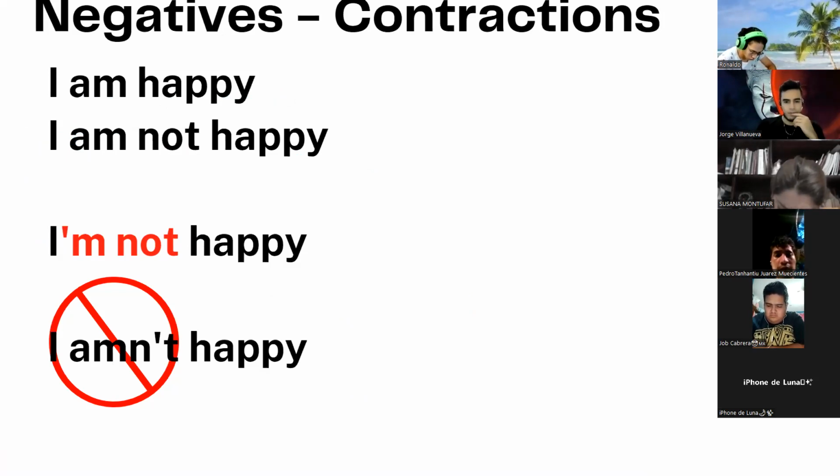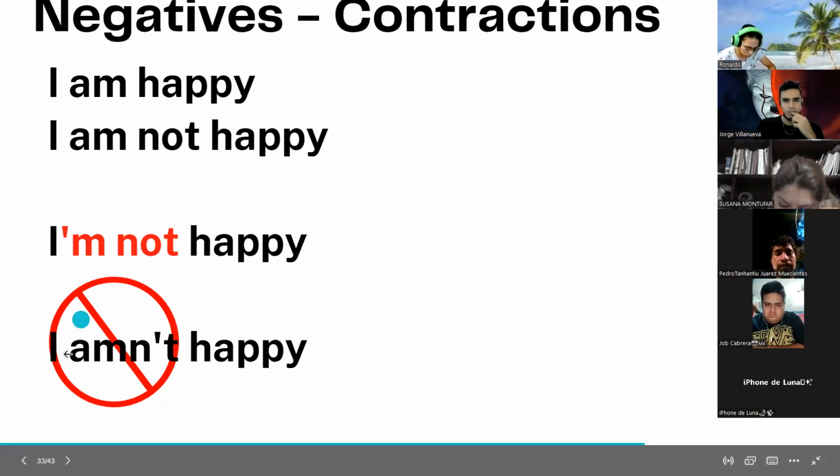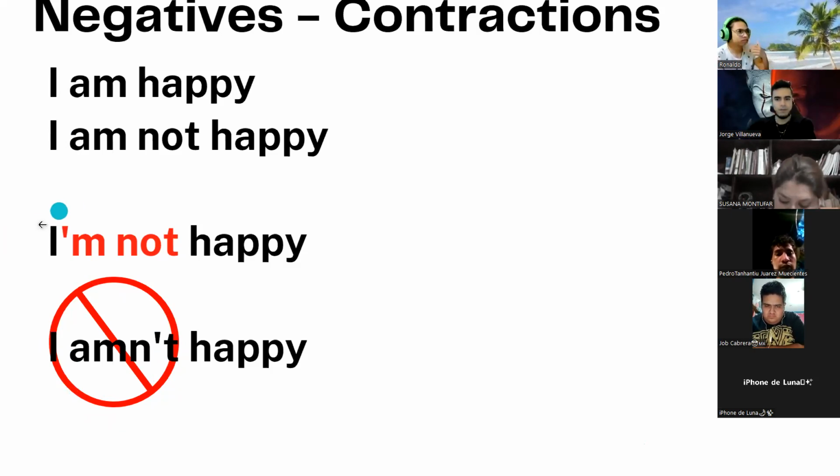Así como yo puedo acortar las cosas en afirmativo, I am happy, I'm happy, también las puedo acortar en negativo. I am not happy, I'm not happy. Lo único que no puedo hacer es esto de aquí. I amn't happy. Eso sí no se vale. I'm not happy is perfectly okay. So let's practice.